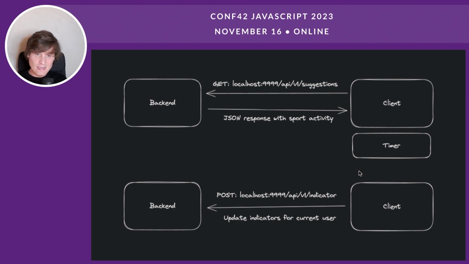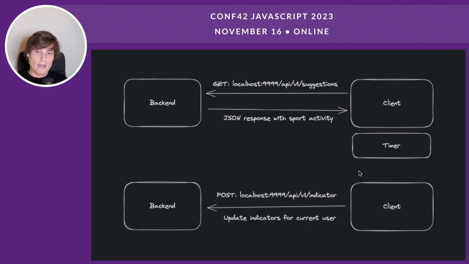But let's dive into this communication between the backend and the client, okay? And how it can work in the application itself with these timers. For example, as I said, we have a GET request with a suggestion, and the backend just responds with JSON with this sport activity to the client.